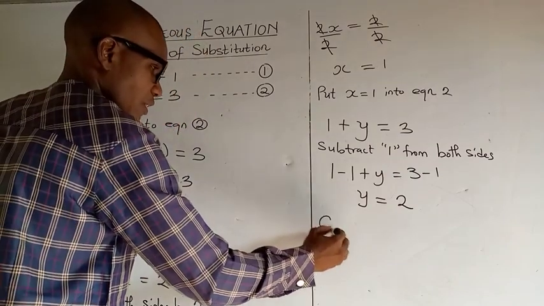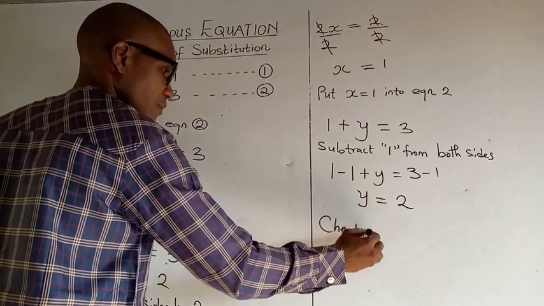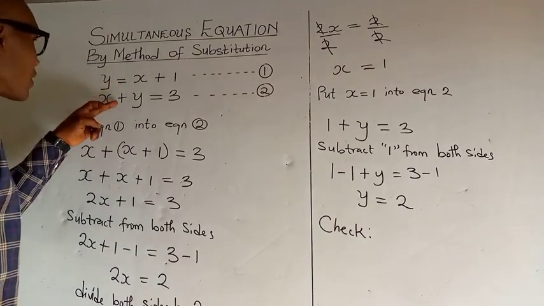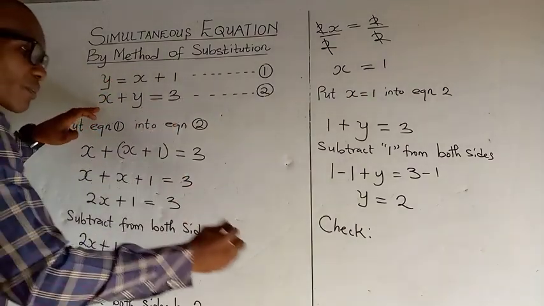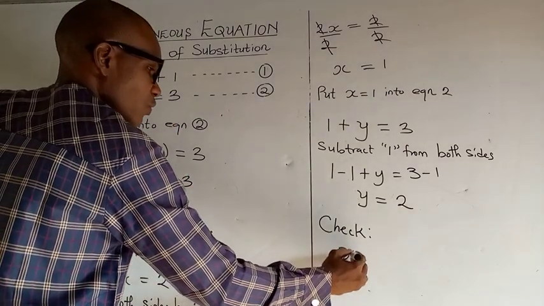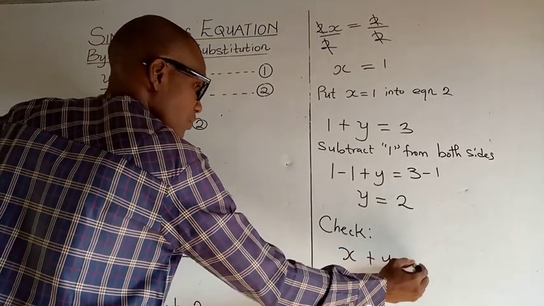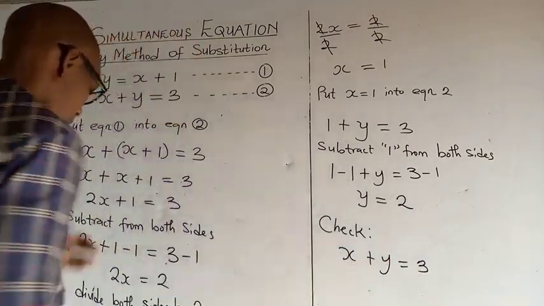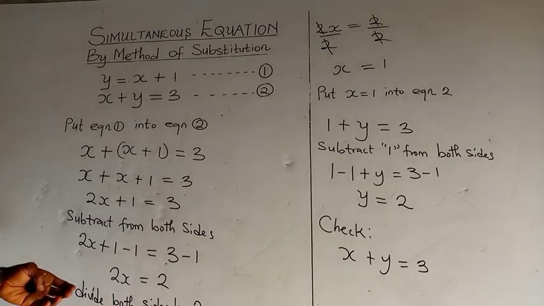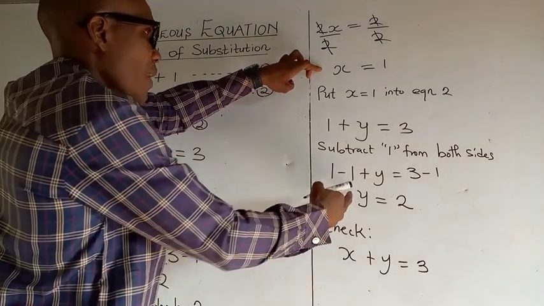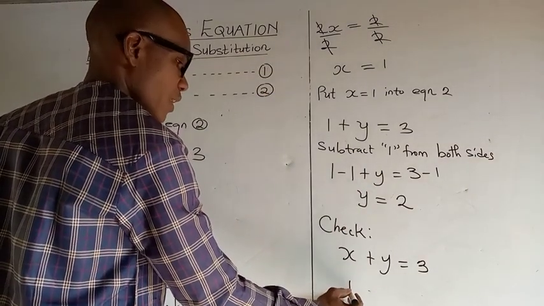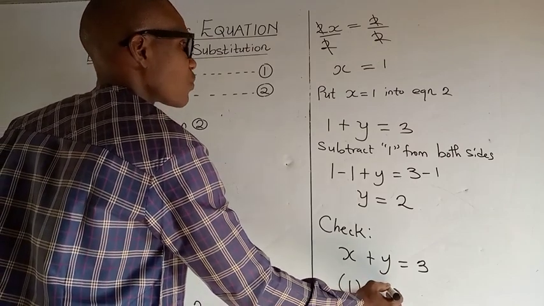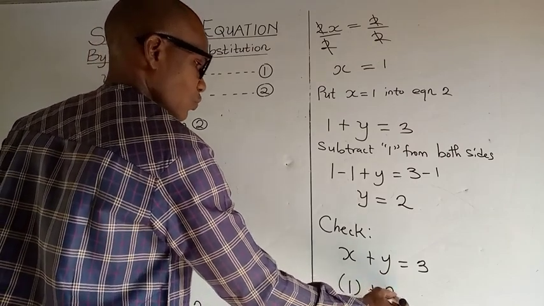We can still check if our answer is correct by bringing any of the equations. This one is simpler, let's use this equation. We know that x plus y is equal to 3. And we have our x to be 1 and our y to be 2. So x here is 1 plus y here is 2.